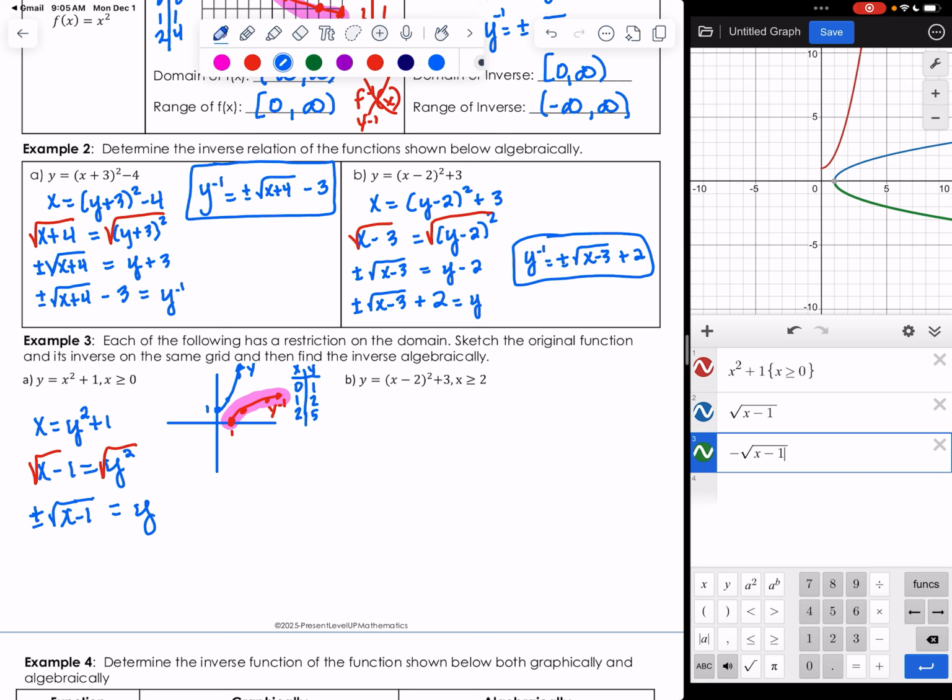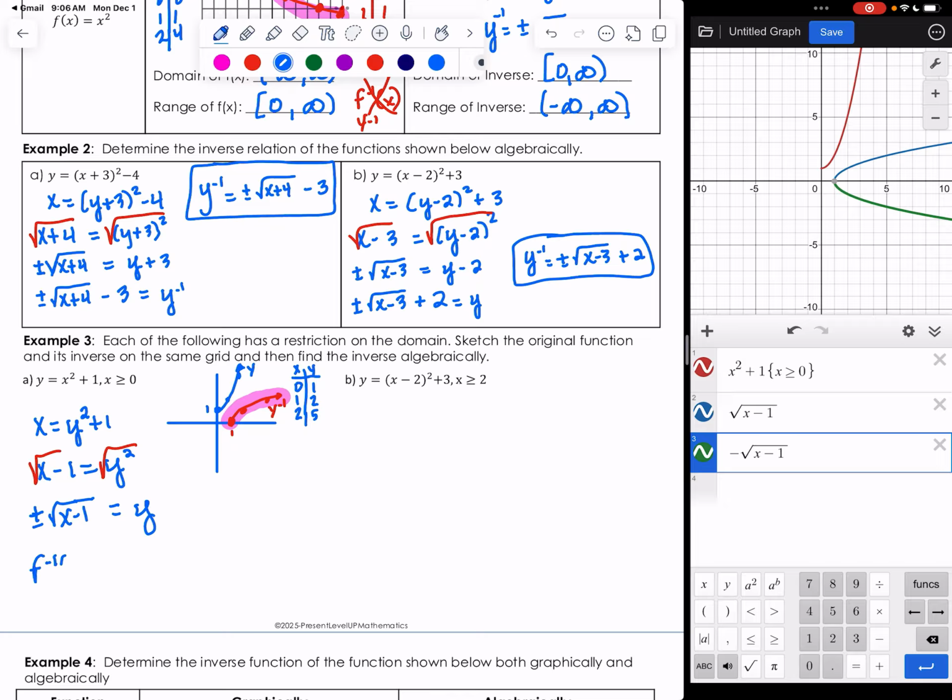So I want my inverse function to, in fact, this will be a function. Oops, I need my eraser here. This is a function because we only have one branch here. So I'm going to use my function notation.